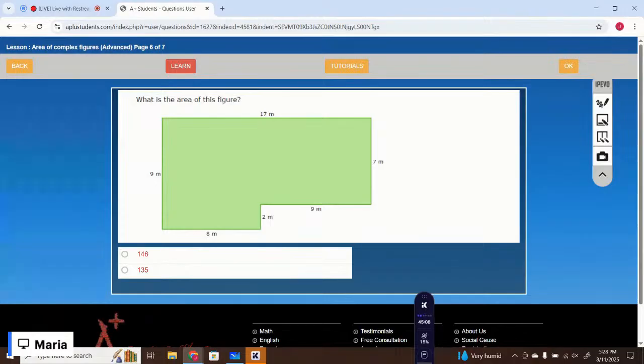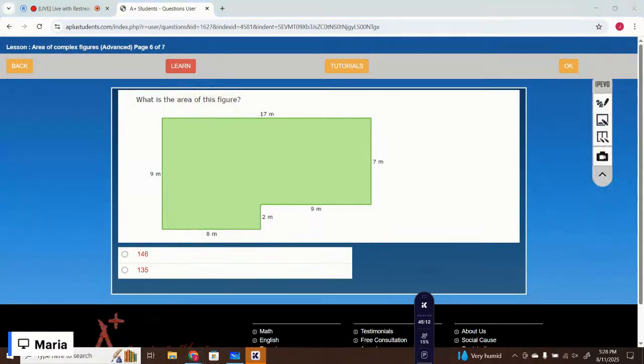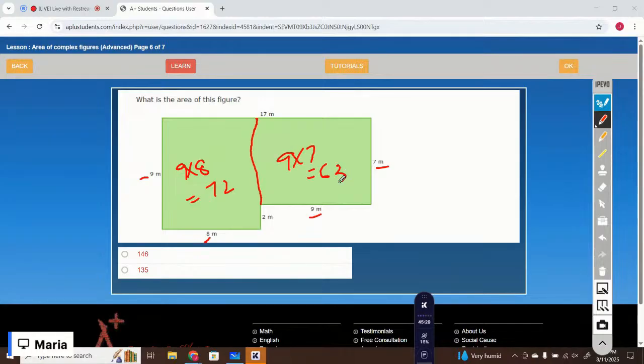What is the area of the figures? That is 9 times 8 is 72. And then 9 times 7 is 63.